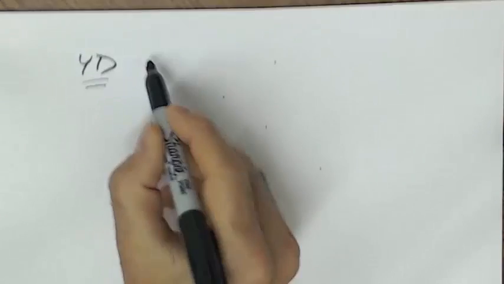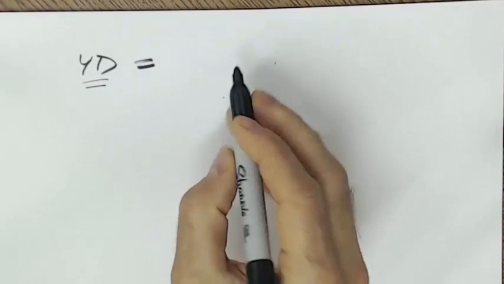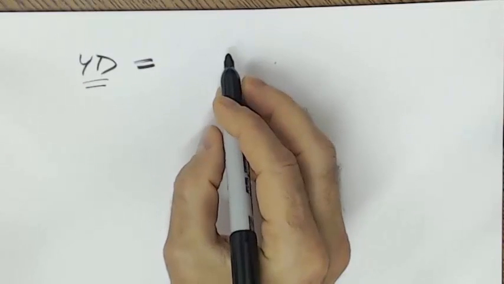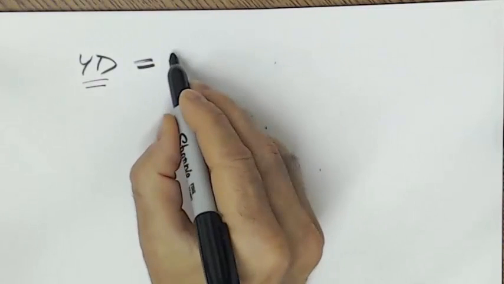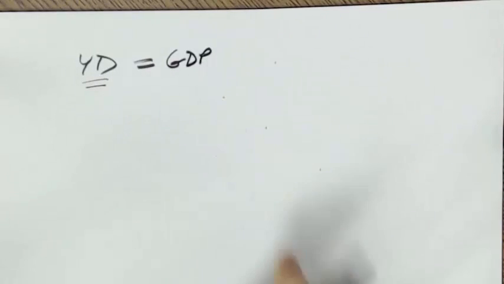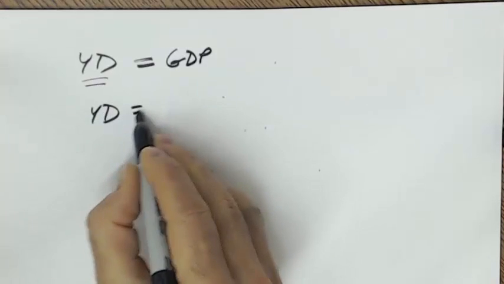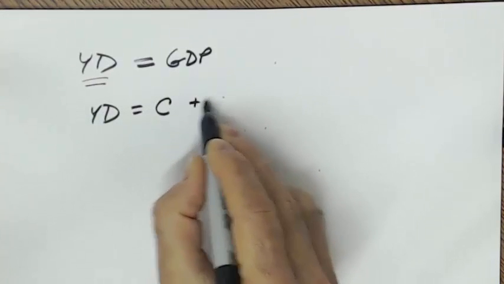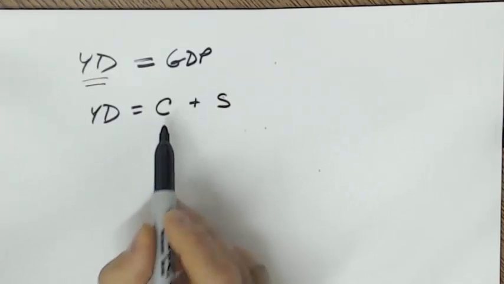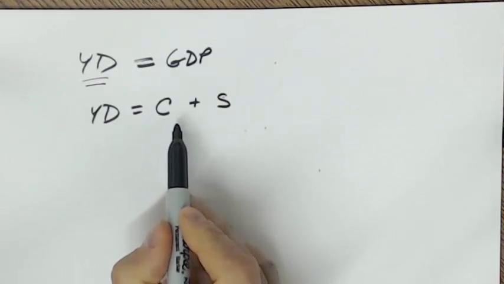And so in this chapter, GDP, by the way, since we forced G, government expenditures, to equal 0, and there are no taxes, then disposable income equals GDP. But what I want to get at here is that disposable income is made up of 2 components. If you have disposable income, you can do one of 2 things, and only one of 2 things.